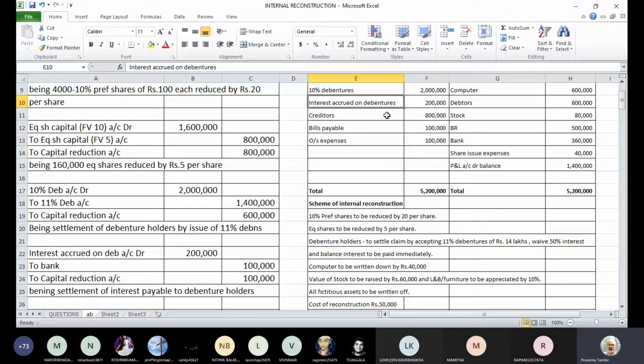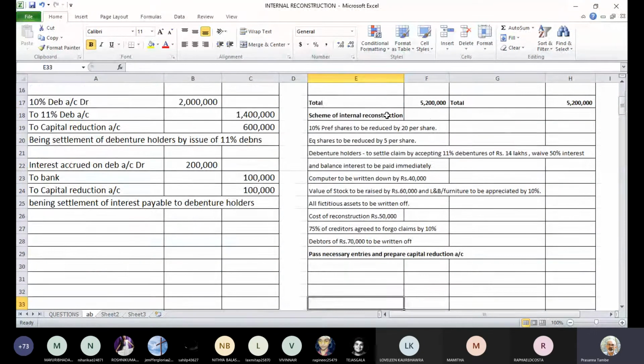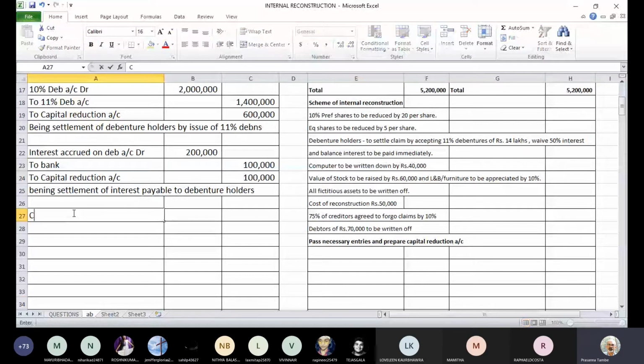Yes, sir. Okay. Then next is computers are to be written down by 40,000. So we are going to write off the computer. The entry will be capital reduction account debit to computers account.